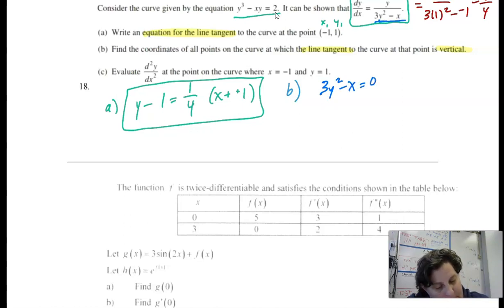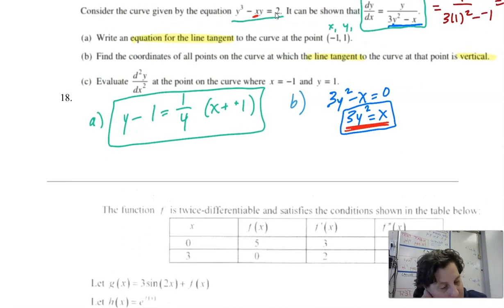If I solve that, it's all the points on the curve where 3y squared equals x. But the points have to be on the curve. So I'm going to take that and put it into the curve for x, because I solved that for x.